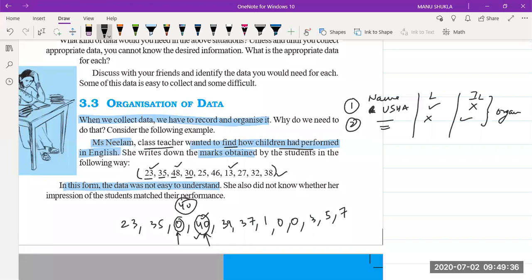In that case, if sister praises me that, sir, you are teaching very well, will that be okay? No, because this 40 is not representing the whole class. It is only a single thing. Also this 0 is not representing the class.